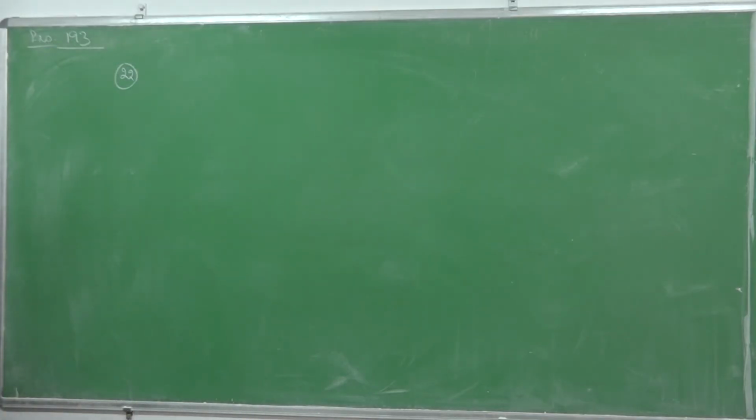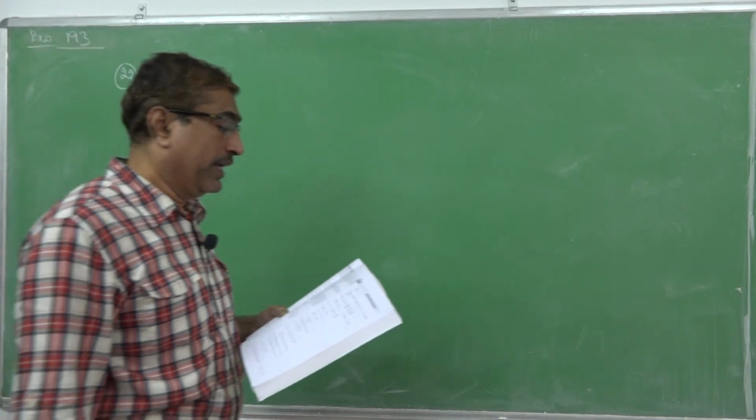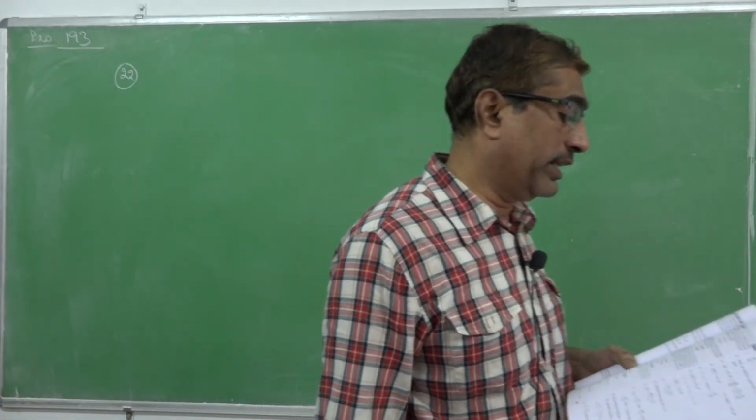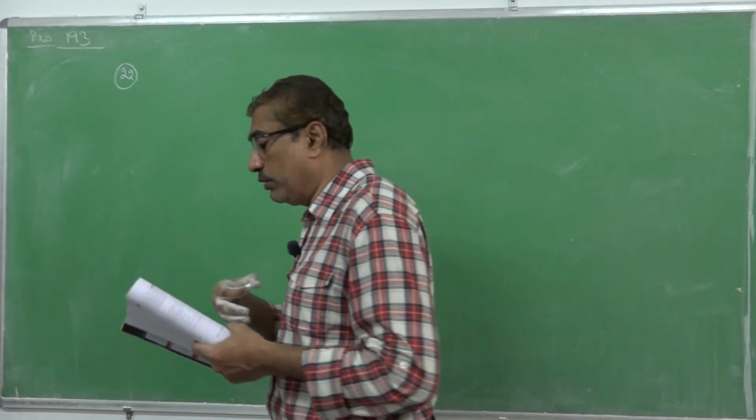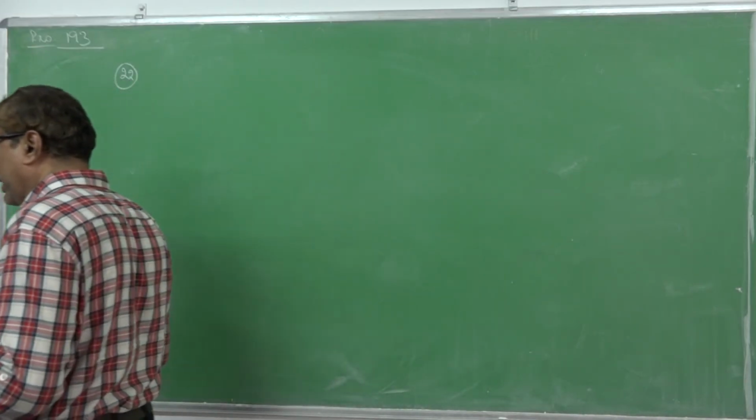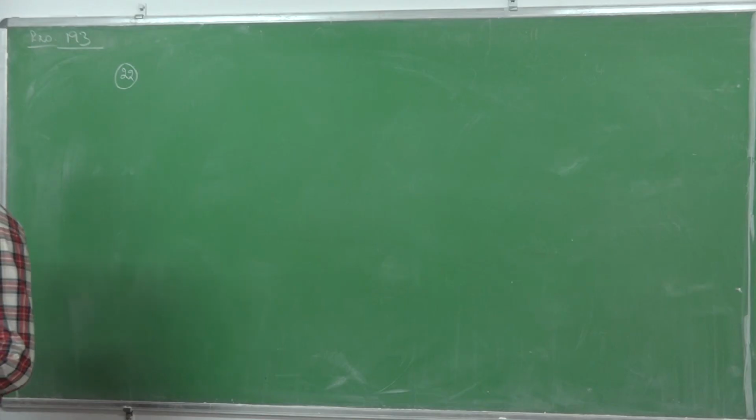A refrigerator placed in a room at 300 K has an inside temperature 200 K. How many calories of heat shall be delivered to the room for each 2 kilocalorie of energy consumed by the refrigerator ideally? Okay.